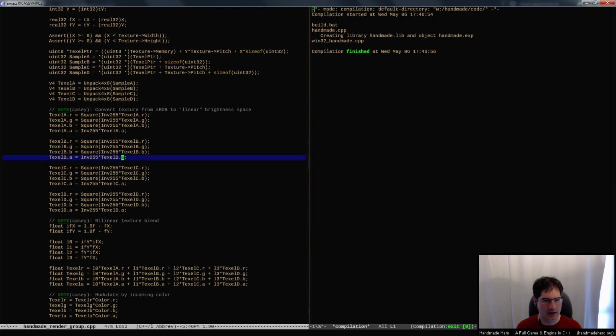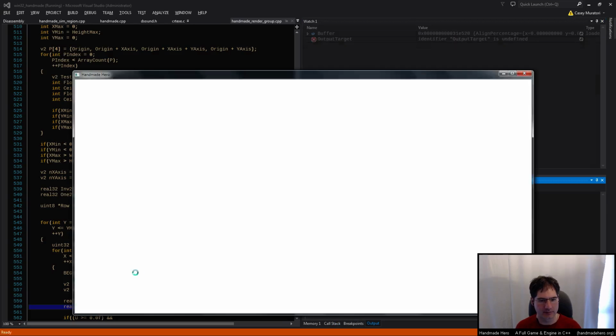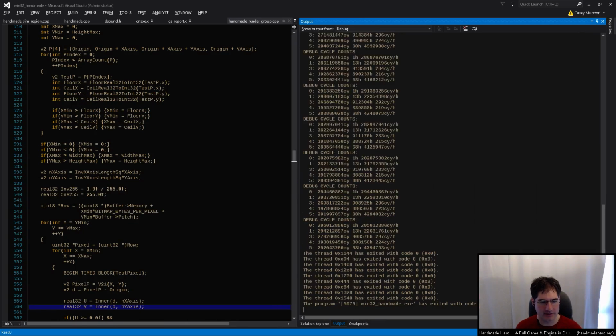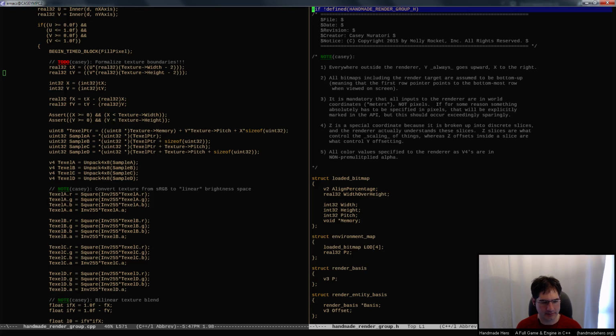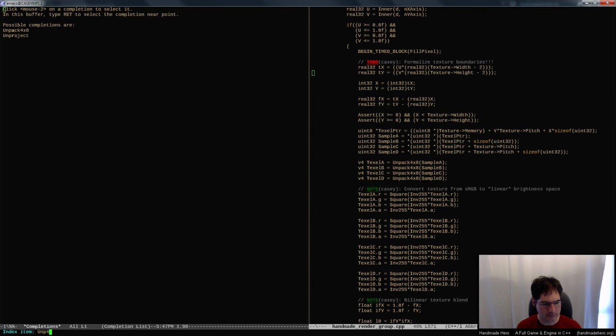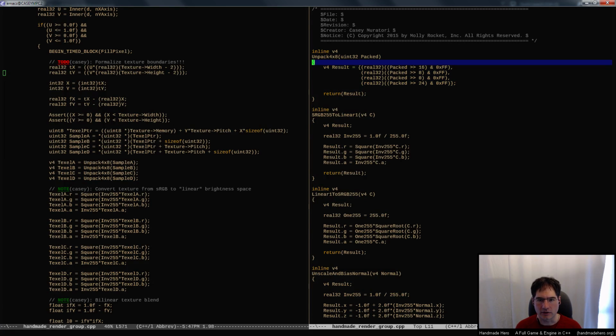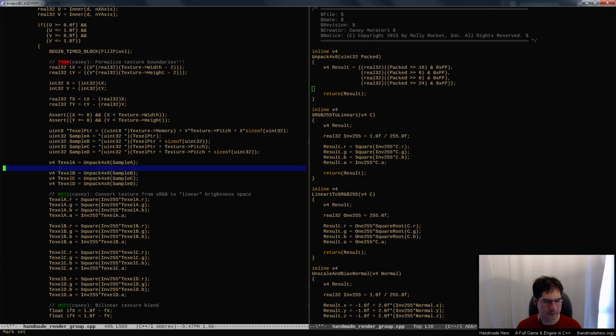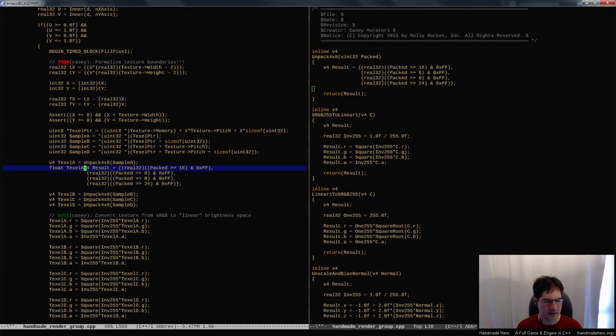So now, last thing is the unpack. Everything still looks good. Last thing is our unpack. Our unpack looks like this. So there it is, right? Again, this guy is going to be float. We'll convert that over to float, and that'll just look like this, right? So that's actually doing texel A, just unpack sample A, right? So sample A, like so.